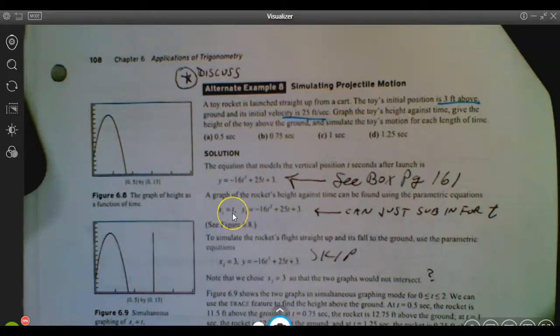It's like saying, what's your x coordinate when your time is whatever? So if my time is 0.5, then my x coordinate is being plugged in for t as 0.5. If it's 0.75, then I'm plugging in 0.75 for t, and the value that's being plugged in is simply my x coordinate, right?